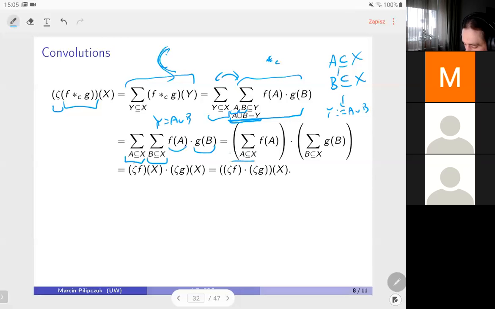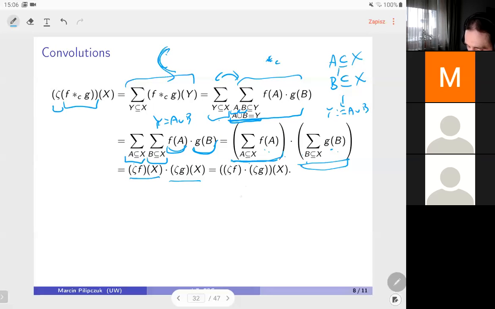So you can actually write it as a product: the sum over A of f of A times the sum over B of g of B. Because you can look from right to left here: if you break the parentheses and multiply everybody with everybody, you will get all the terms. For any subset A and any subset B, there will be f of A times g of B. And now, this is zeta f and this is zeta g. So this is zeta f of x times zeta g of x, the sums over all the subsets.